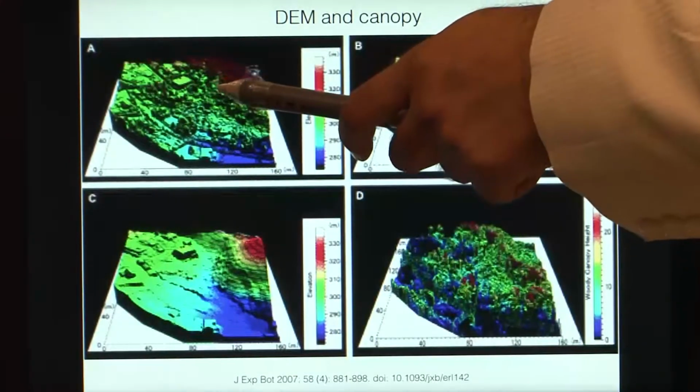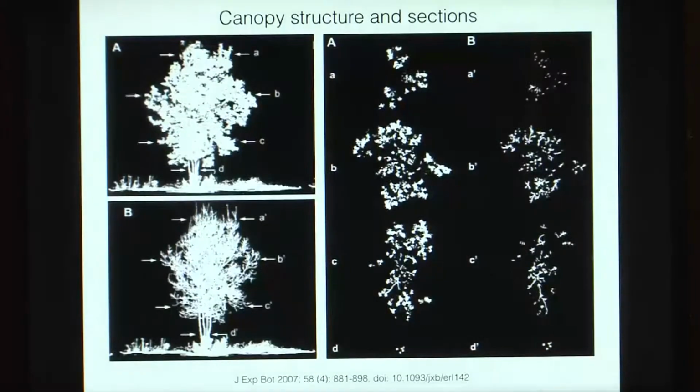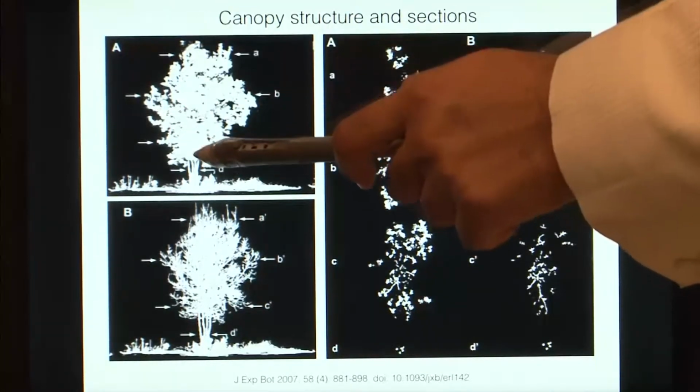The other ones show us the canopy. So, we can use both of these to get a 3D scan of our tree. Here we are seeing these trees, so we are getting this 3D picture of the tree.